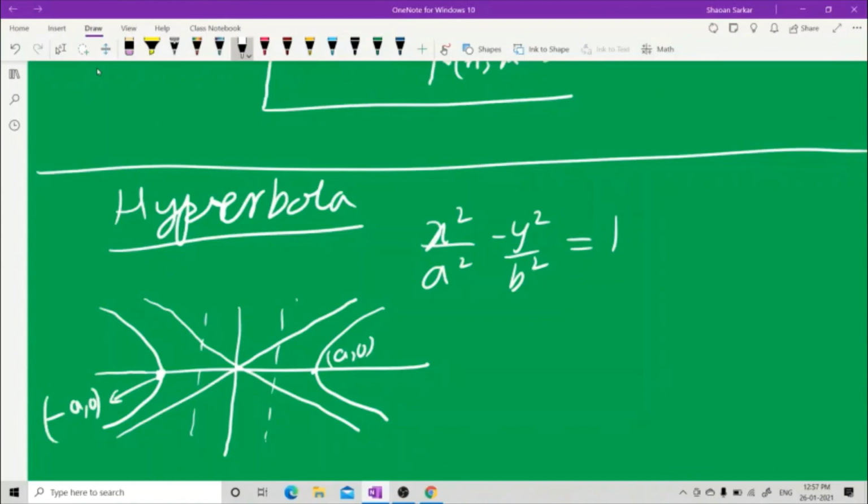Here the focus is ae comma 0, and this one is minus ae comma 0. This is x equal to minus a by e, and this is x equal to plus a by e. That's all. These are your asymptotes.